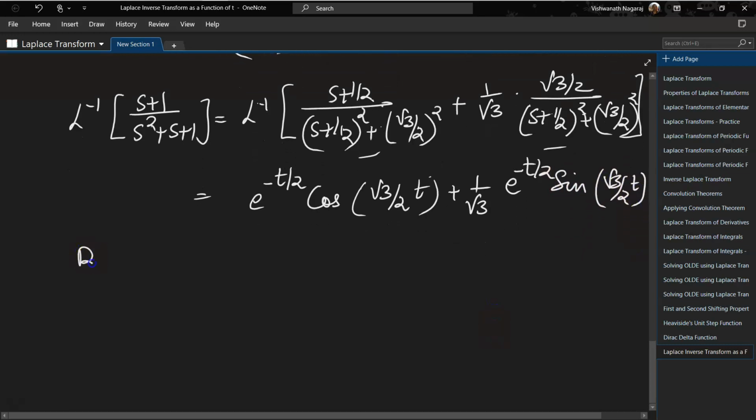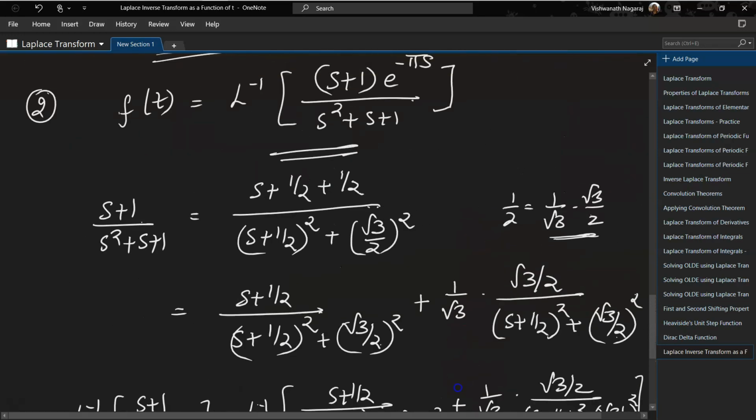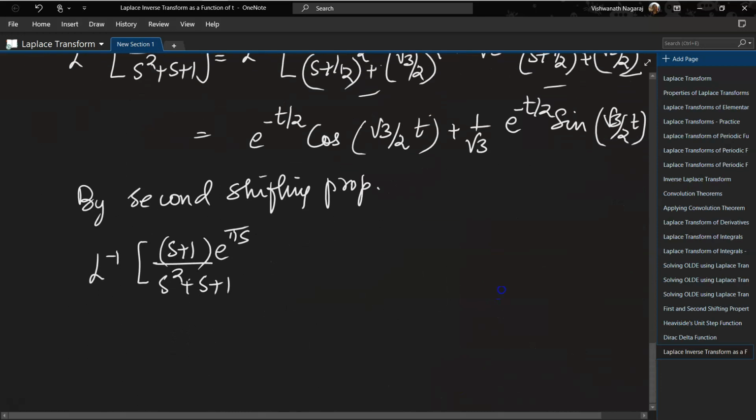Now, by the second shifting property, Laplace inverse of (s plus 1) by s square plus s plus 1 times e to the power of minus pi s is equal to e to the power of minus (t minus pi). Is it pi s or minus pi s? Minus pi s.